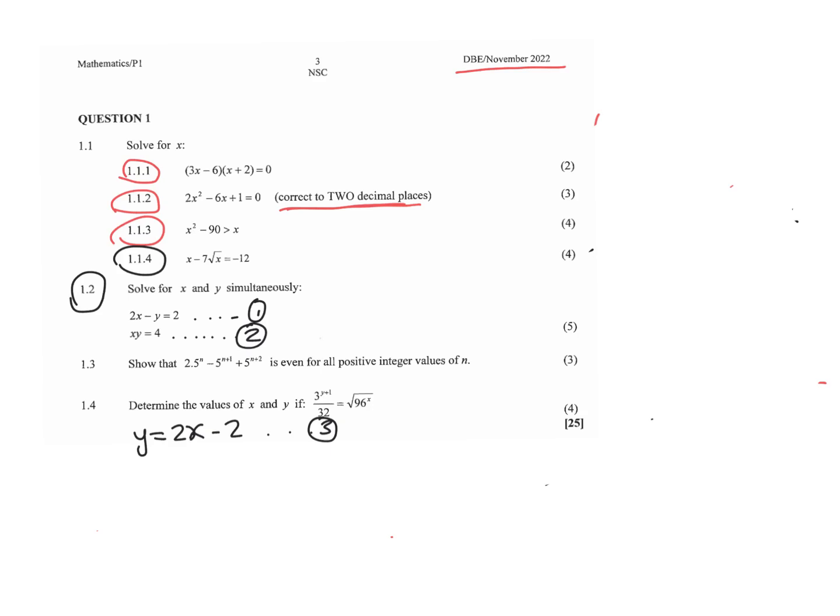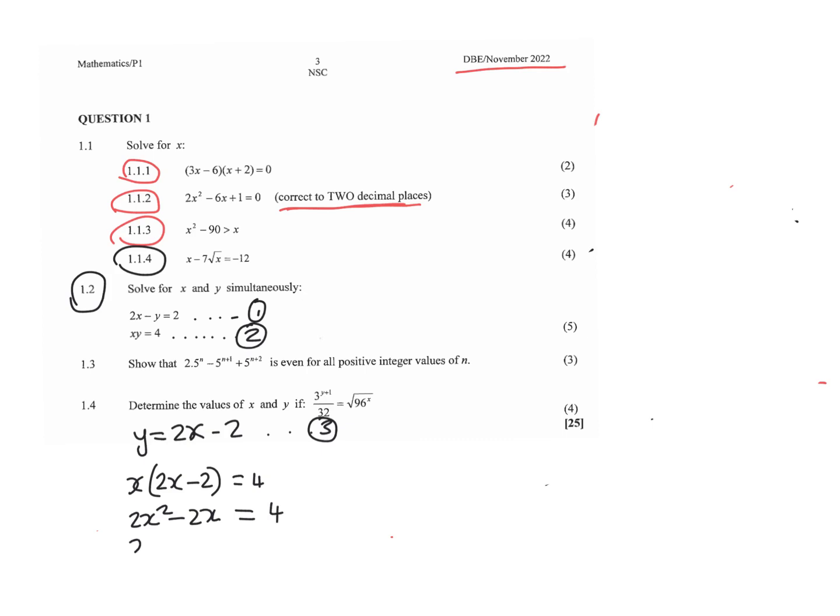So we were given x times y. So our y is now 2x minus 2, equals 4. Then from there, you can multiply out this times that, it's 2x squared. This to that, it's minus 2x equals 4.